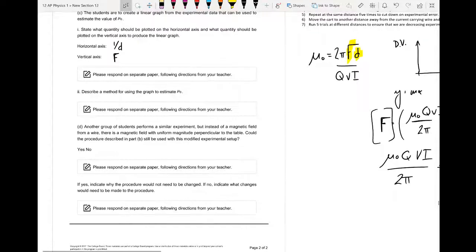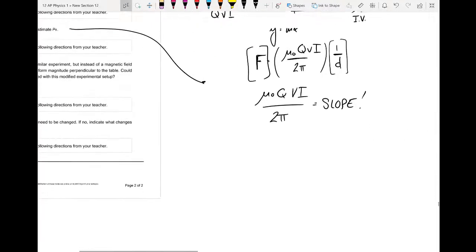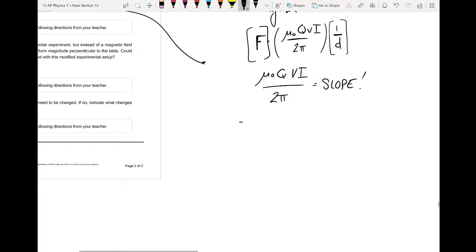Then: describe a method for using the graph to estimate mu naught. This is going to equal our slope, so we can say calculate the slope. Theoretically from our lab, we know Q, V, I, 2, and pi.